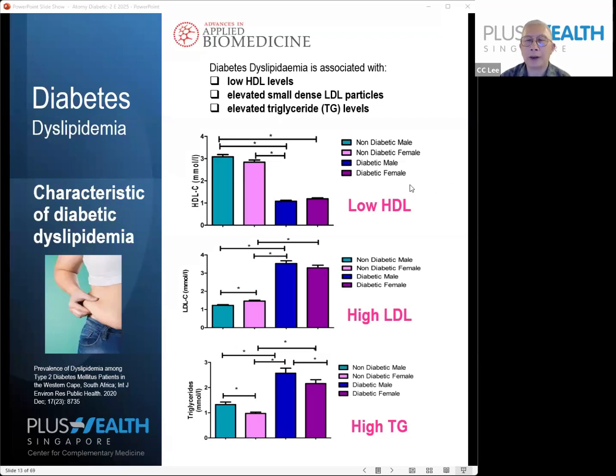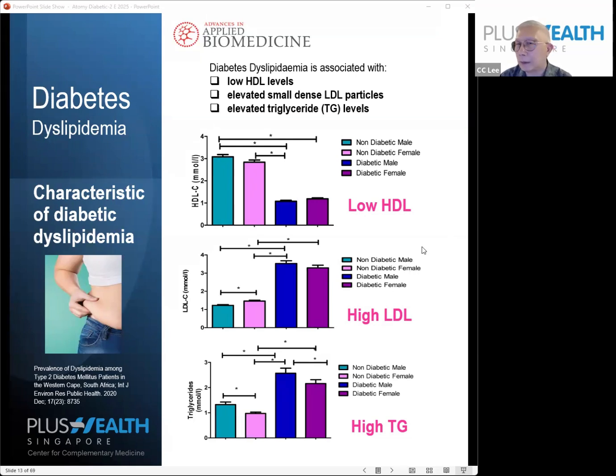You can see from here, the diabetic patient basically suffers from low good cholesterol, high bad cholesterol, and also high triglyceride. So this is actually the full spectrum of disorder, and it's very typical of diabetic patients' condition.